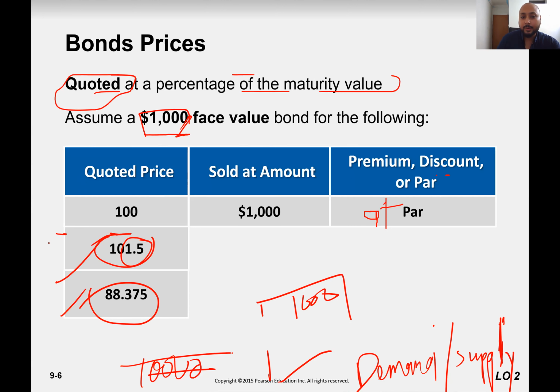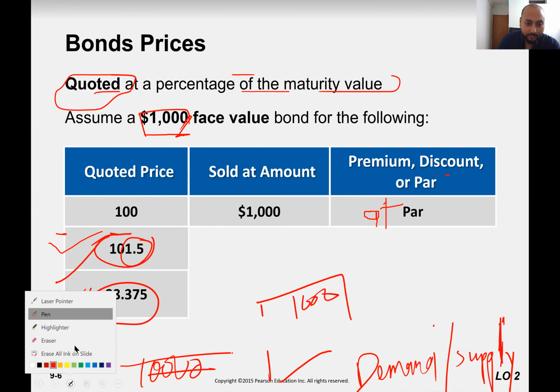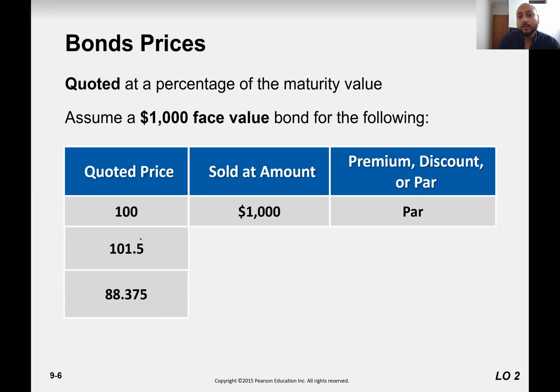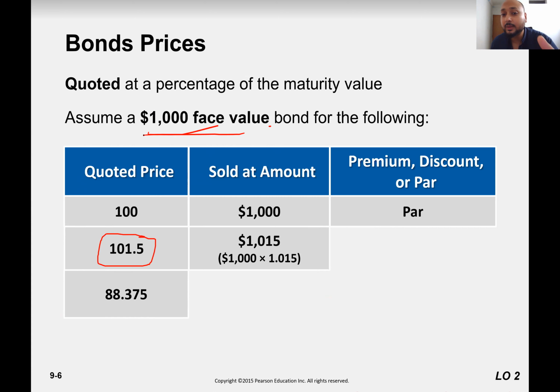Look at here. Let me delete all this mess. So if the bond price is quoted as 101.5, it means bond prices are above their face value. So it means it is selling at a higher price. Higher price means premium, right?